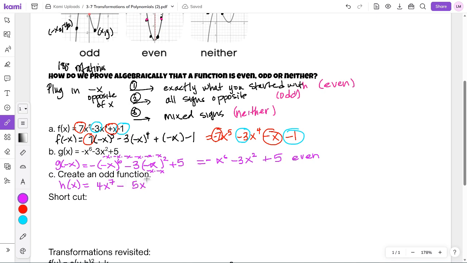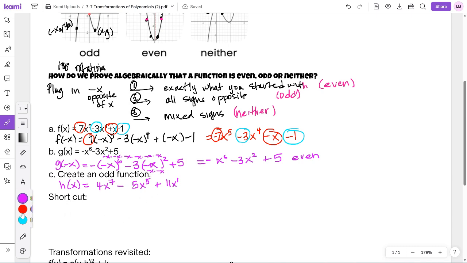The coefficients don't matter, but the exponents do. All right, so I need for all of those signs to change. So when I plug in the opposite of x, I need an odd exponent. So I have an odd number of x's so I can preserve that negative sign.